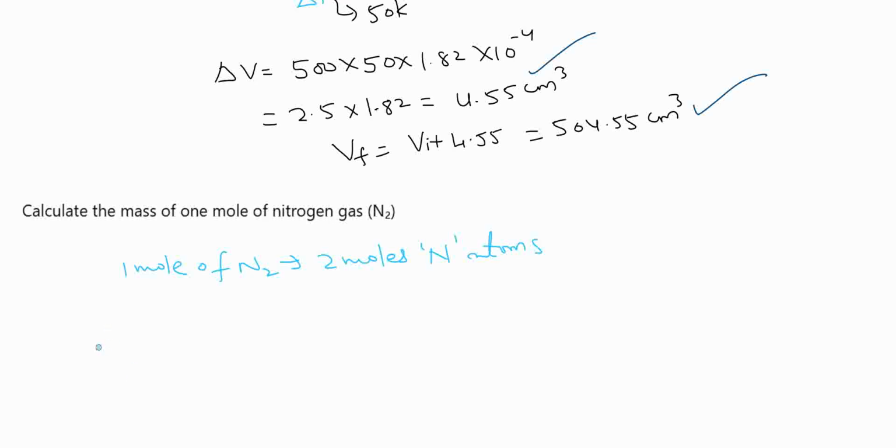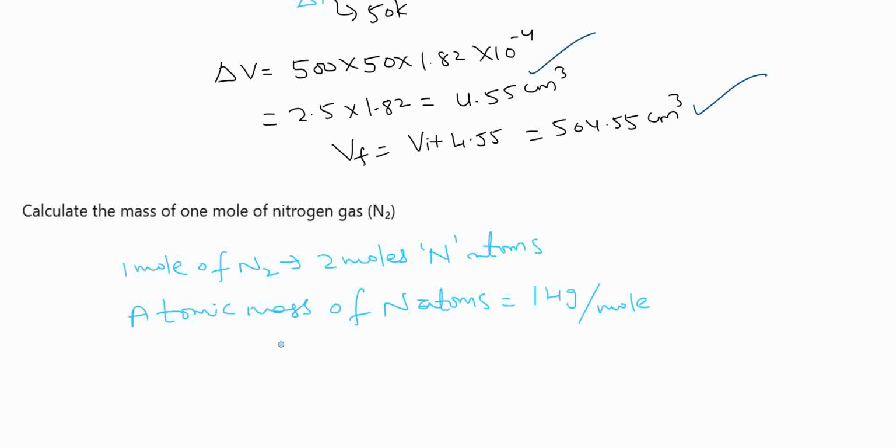We know that the atomic mass of nitrogen is 14 grams per 1 mole. In 1 mole of N2 gas, there are 2 moles of nitrogen atoms because each nitrogen molecule consists of 2 atoms.